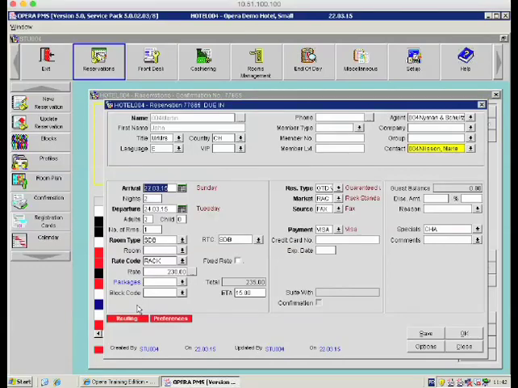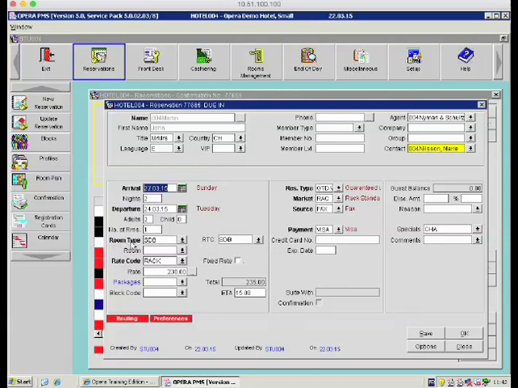Let's say that for some reason you want to upgrade the person, therefore you will have to look here at room type and RTC. RTC stands for room to be charged. So in the initial state of the reservation, the room type and the RTC are the same.